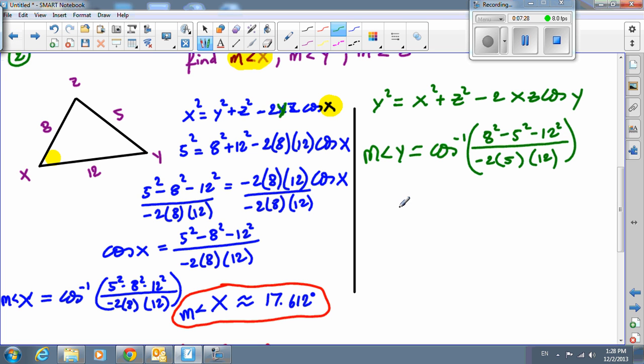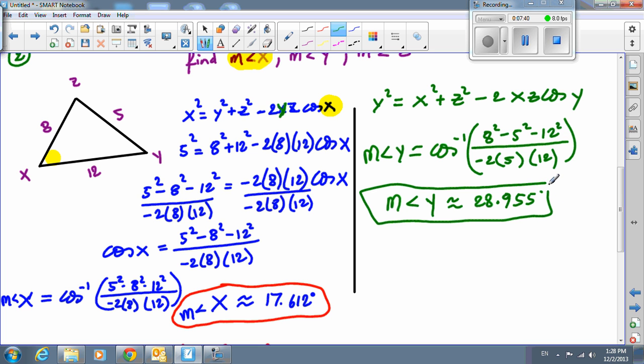Using your calculator, you will end up with the measure of angle y approximately equal to 28.955 degrees.